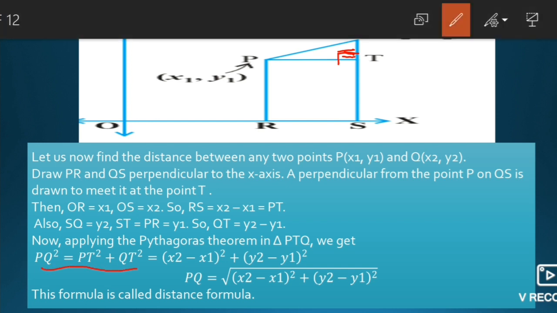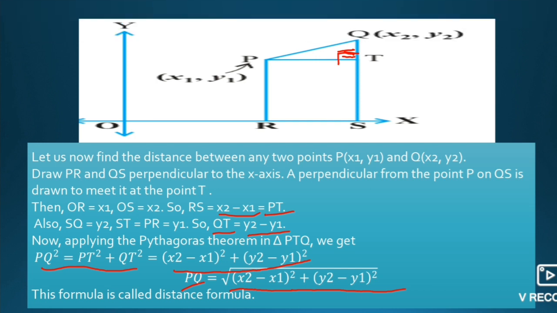In place of PT and QT, put the value x2 minus x1 and y2 minus y1. So it will be in this way. That means PQ is equal to root under (x2 minus x1) whole square plus (y2 minus y1) whole square. This formula is called the distance formula.